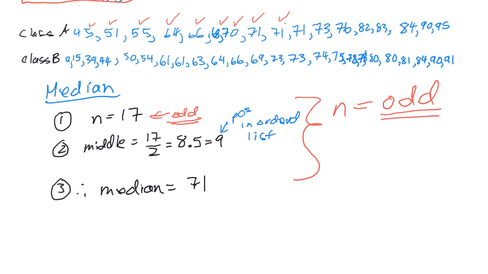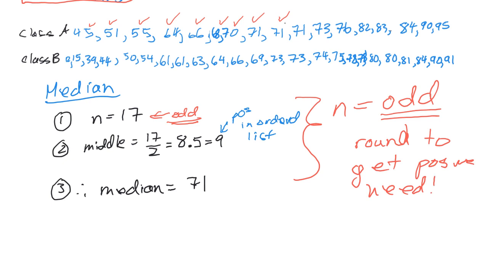So if my n is an odd number, then remember, we always have to round up to get the position that we need. Okay, see what you come up with for the second one. And remember that this is the median for class A. Calculate the median for class B.